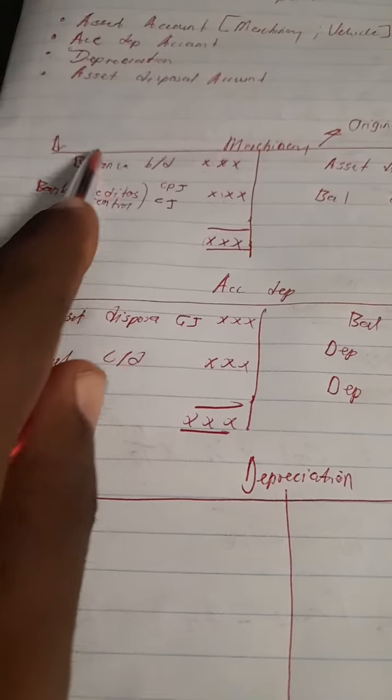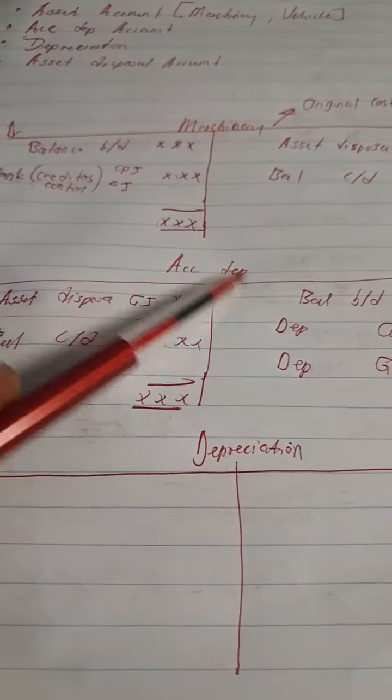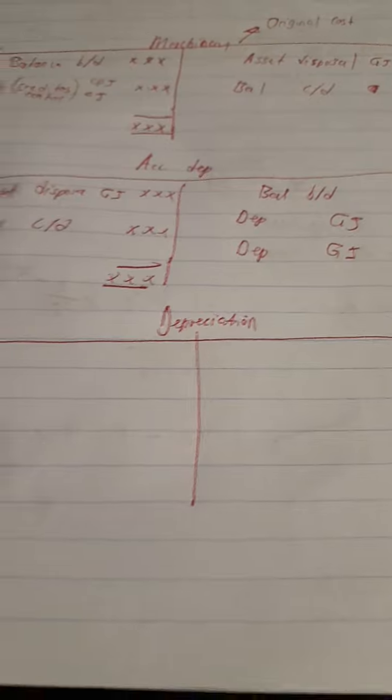From here, the only thing you are going to do for the depreciation account, it's simple. On the credit side, remember, in the depreciation and asset disposal accounts, you don't have the balance brought downs like machinery and accumulated depreciation.